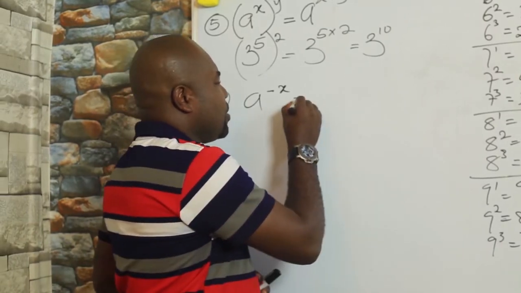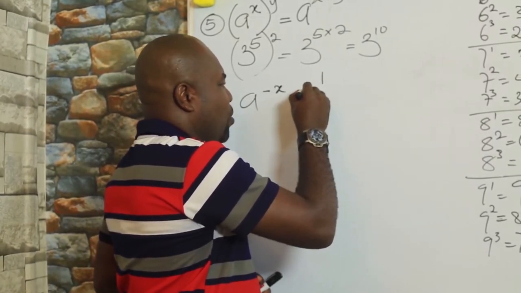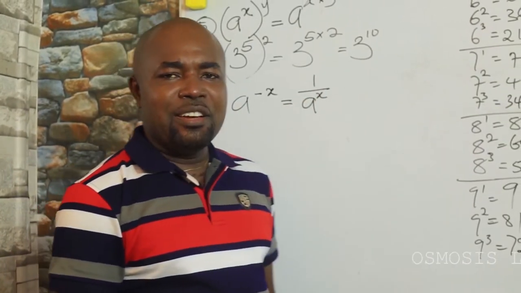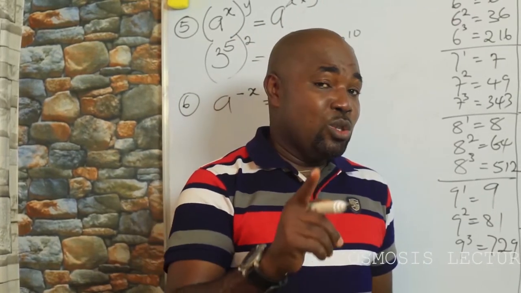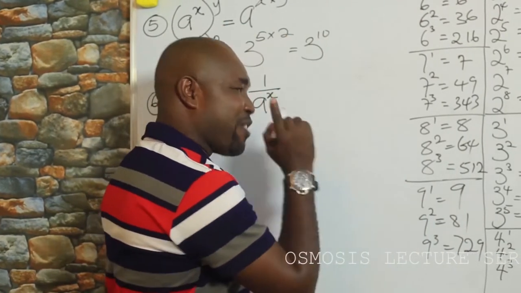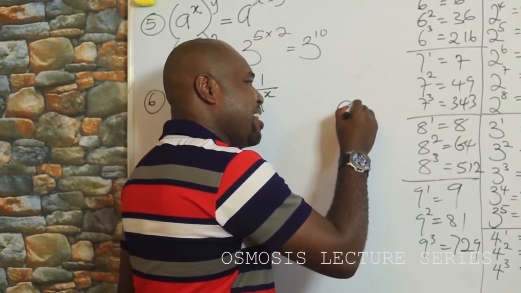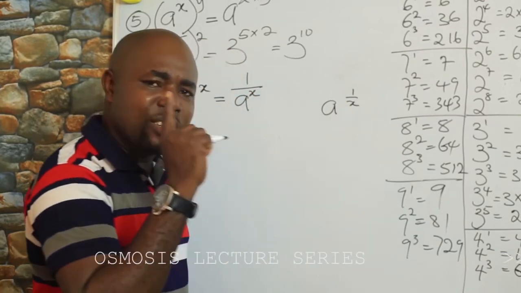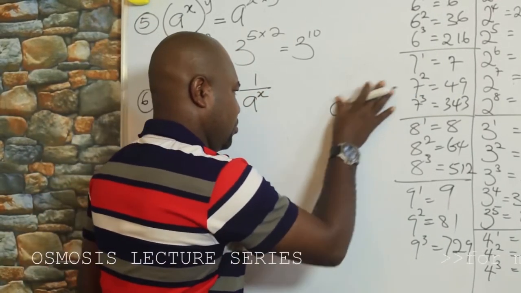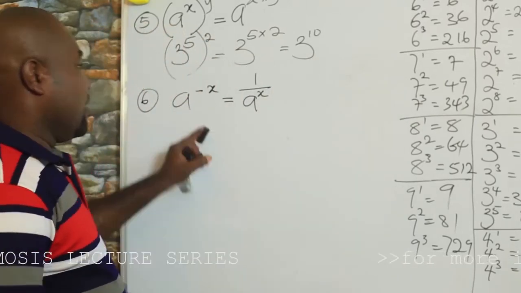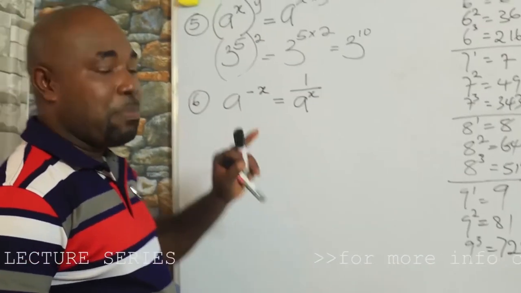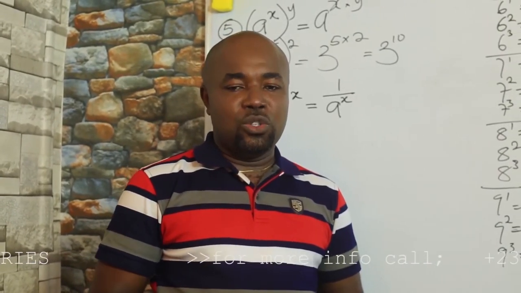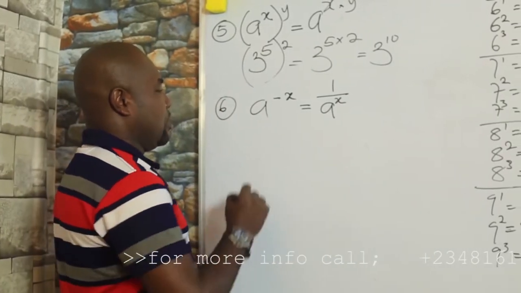Now, this is equal to 1 over a raised to power x. I want you to understand this. It is different from a raised to power 1 over x. Please, it is not the same. So, this is the 6th law we shall be considering.